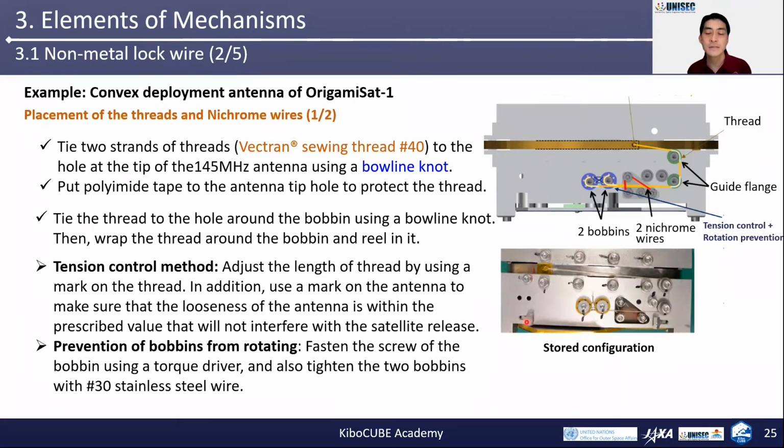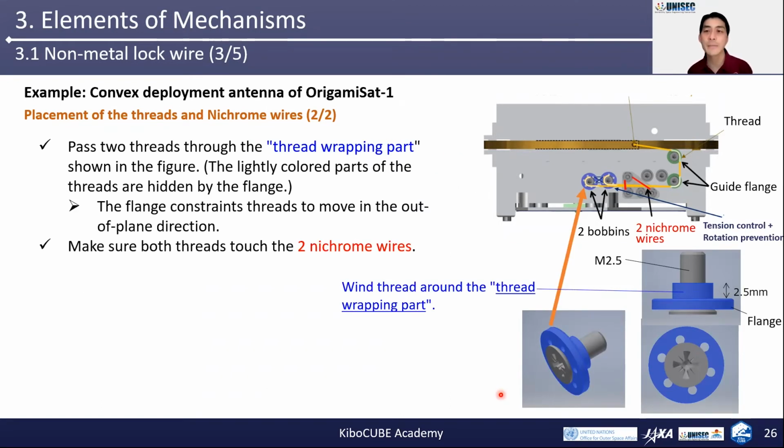We fastened the screw of the bobbin using a torque driver, and also we tightened 2 bobbins with thin stainless steel wire. These figures show our bobbins. We passed 2 threads through the thread wrapping part. The flange constrains the threads to move in out of plane direction. We made sure both threads touched the nichrome wires.